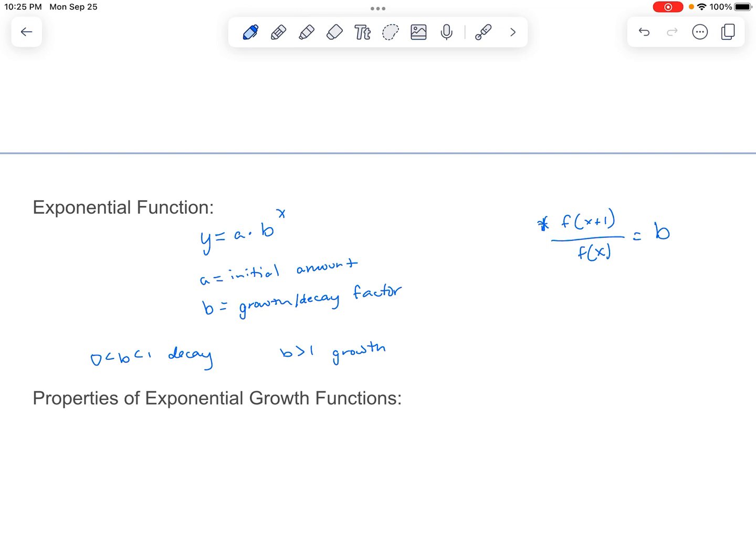That's easier to look at with an example. It would be something of the nature f of 3 divided by f of 2 is going to be your growth factor. Okay, so just the notation of that, I understand it looks a little goofy.